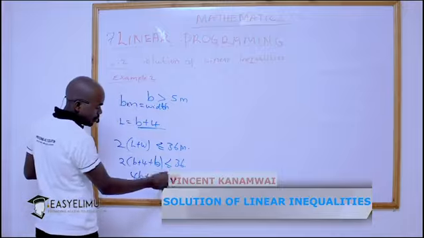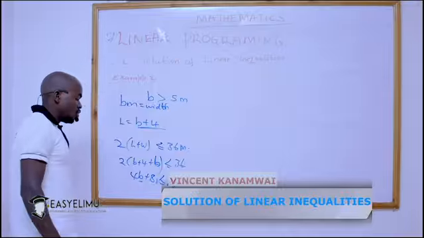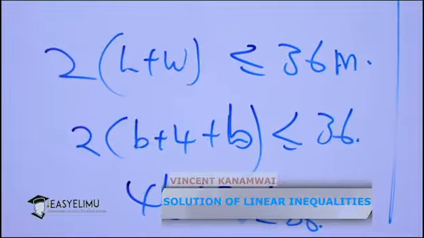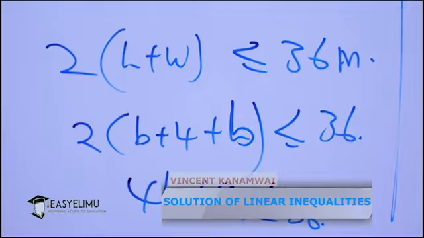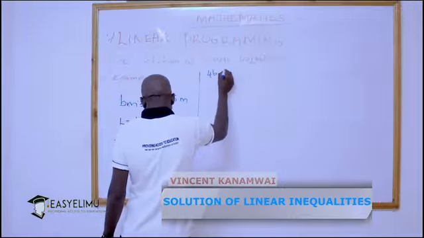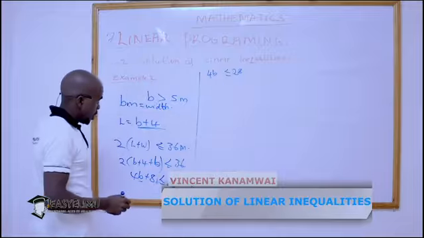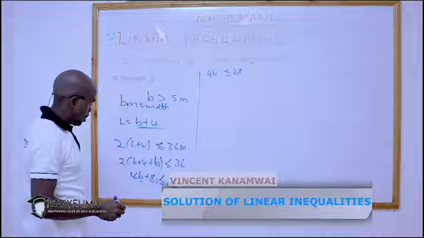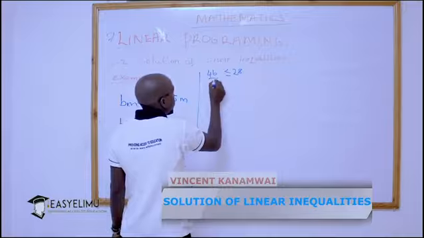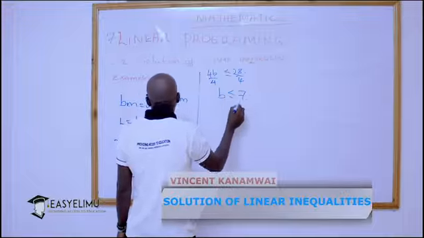So bring it the other way. We find that 36 subtract 8 is 28. So if we have 4b is less than or equal to 28, then what we are obtaining here is that b is less than or equal to 7.